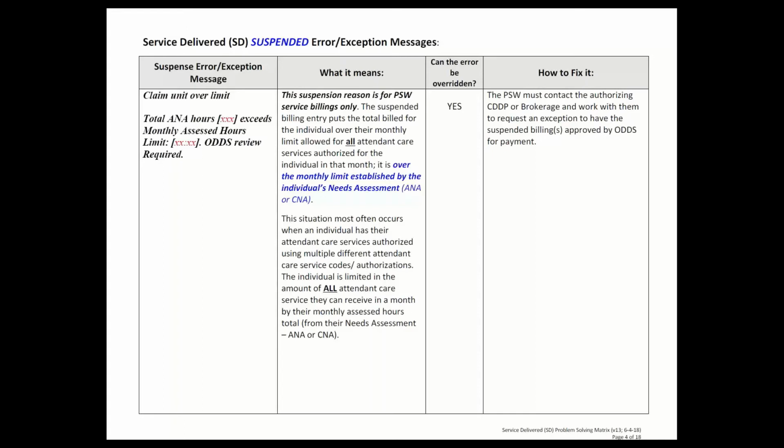So in the next column, I've tried to tell you what that technical language really means, what's really happening if you get that error. And then in the final column far to the right, I give you strategies on how to fix the issue to resolve that suspension error so that your billing or your claim will go through and process out for payment.